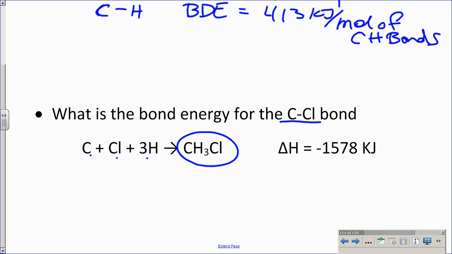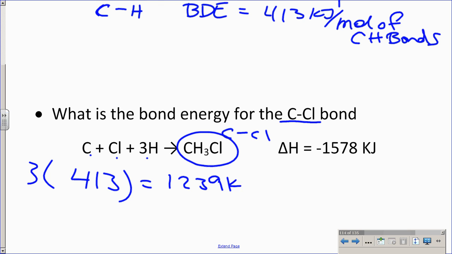So if I wanted you to figure out the bond energy of CCl, how would you do it? Come on, be serious with me. You would do 413 times 3, because there are 3 CH bonds that are used in forming this compound right here. So that is 1239 kilojoules, okay?